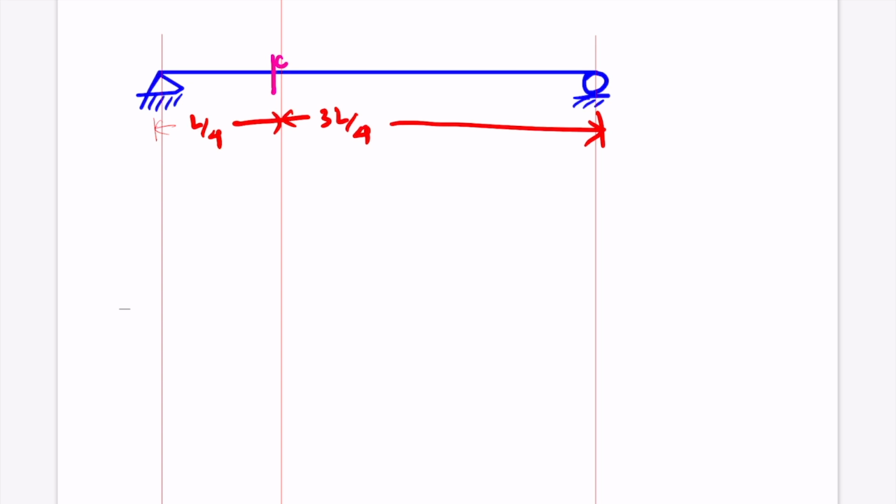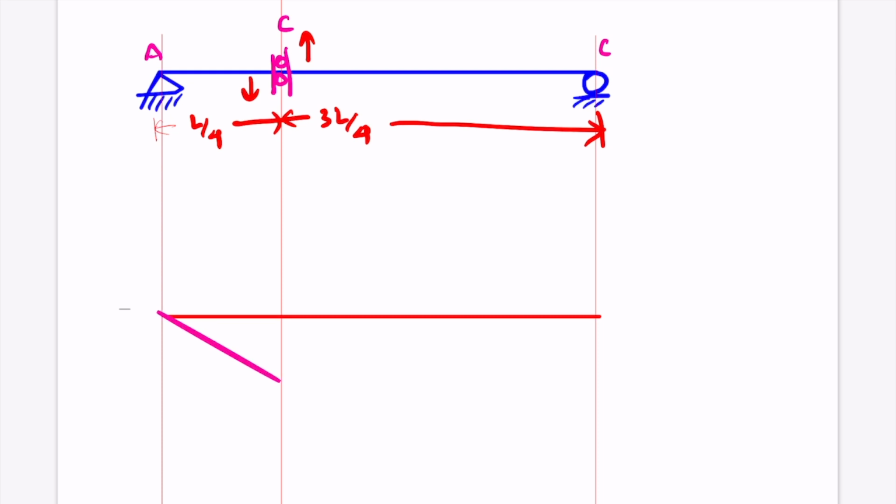So I'll introduce a slider here at point C. The second step is to apply the displacement like this, the right part upward, the left part downward. So whatever is the deflected shape will be the ILD for shear force at C. So if I deflect this beam like this, the ILD will be like this. We'll join everything. So this will be the ILD for shear force at C.